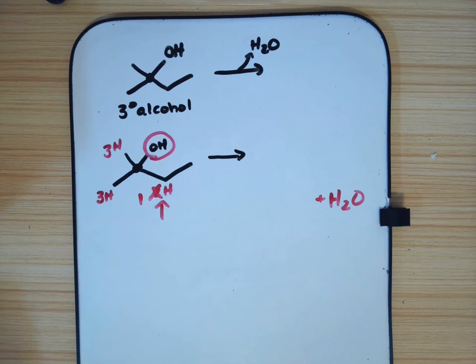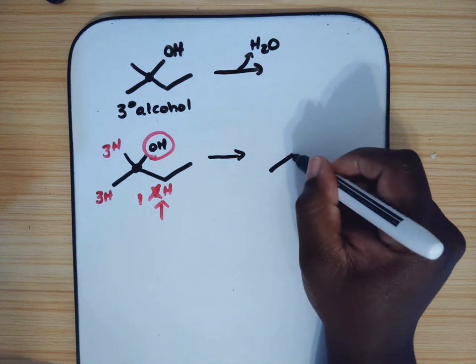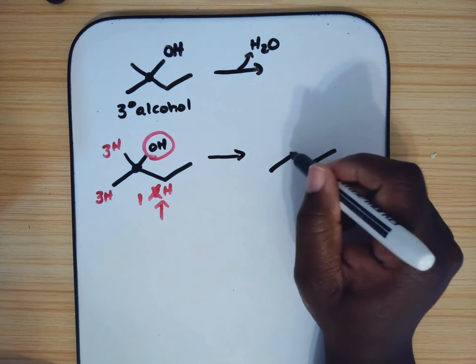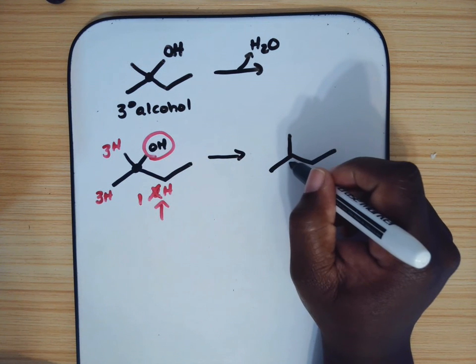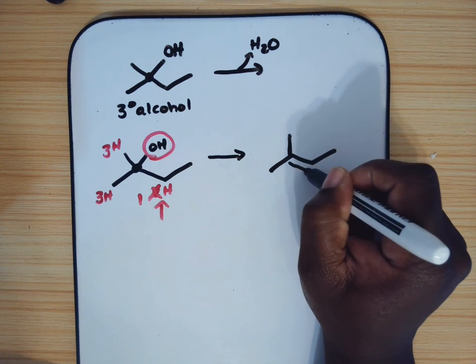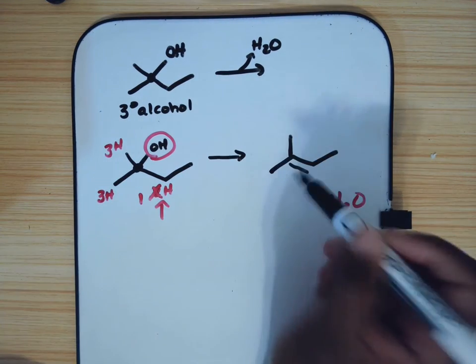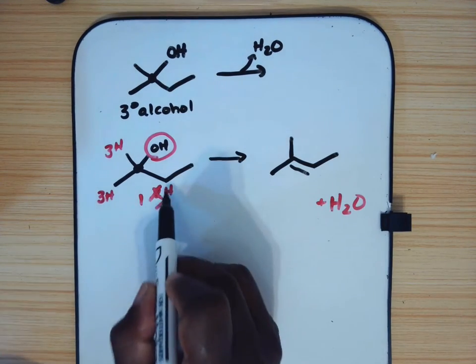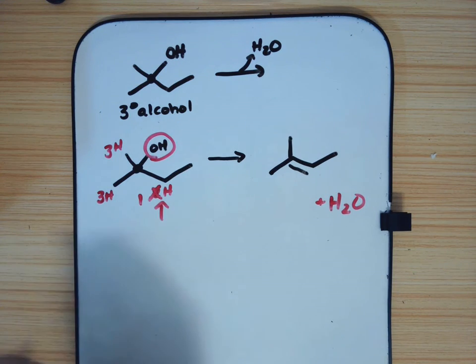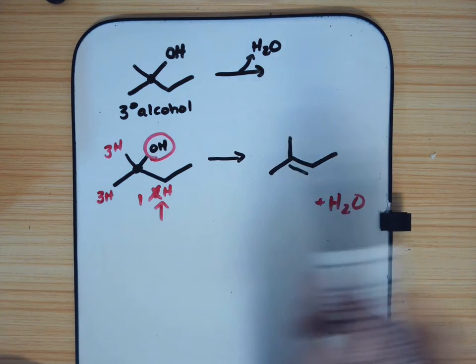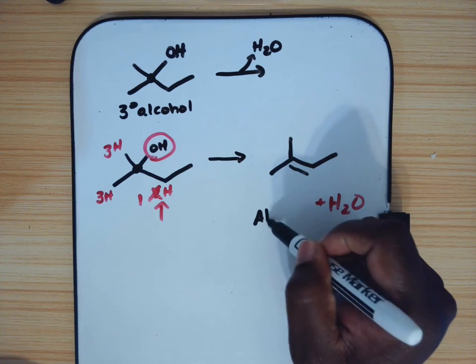When we redraw that product, we can't change the number of carbon. We still have the same number of carbon, but now we have a double bond between carbon 2, which was my alcoholic carbon, and carbon 3, which had fewer hydrogen. So now we've gone from a tertiary alcohol to an alkene.